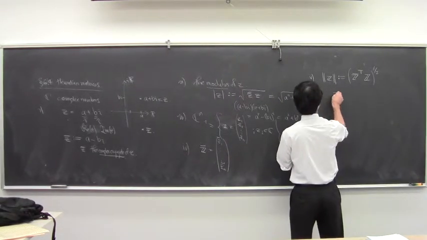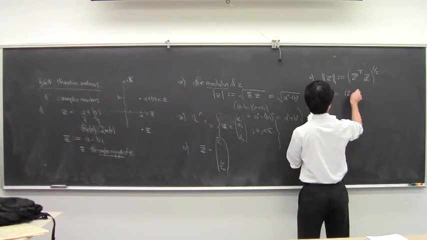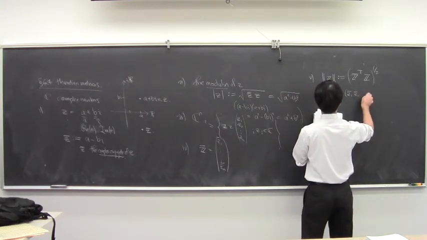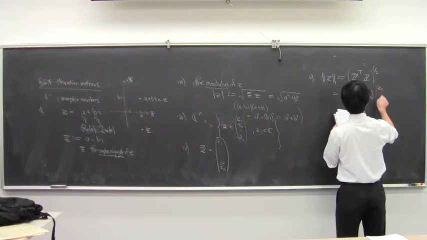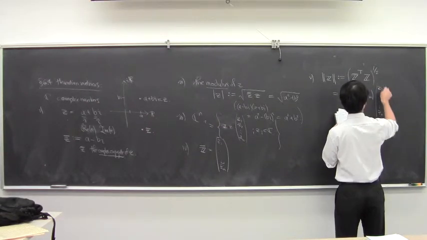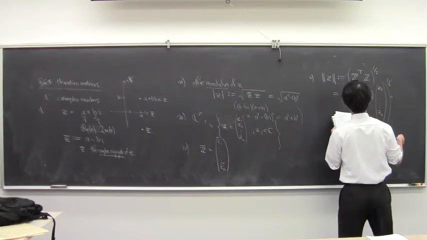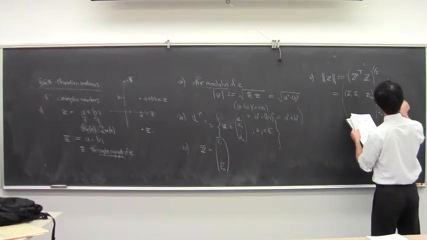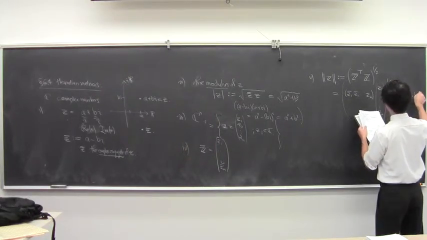What this works out to be is z1 bar, z2 bar, to zn bar against z1 down to zn, everything to the 1/2. And if you work it out, you see that you get the modulus: the sum of the squares of the moduli, to the 1/2.